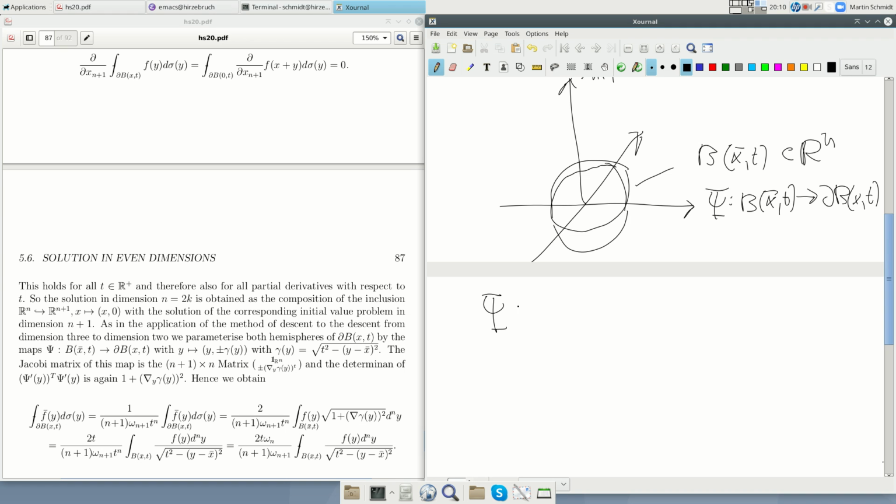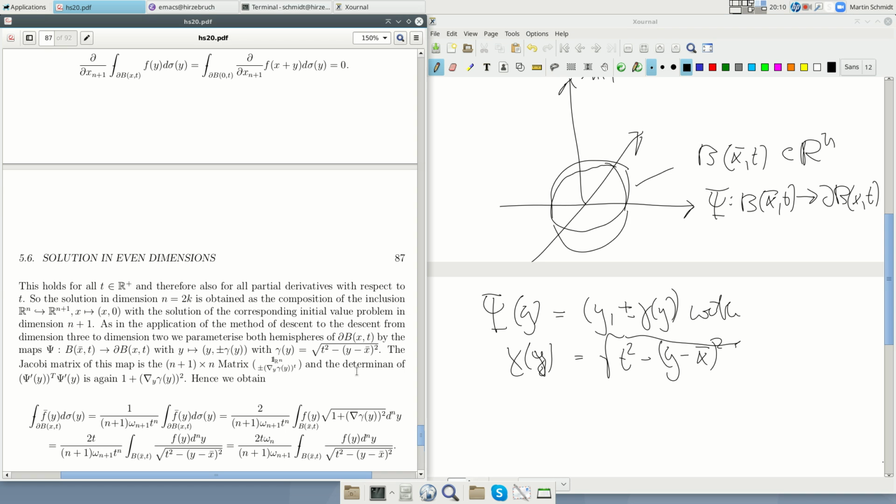Psi of y is equal to y plus or minus gamma of y, with gamma of y equal to the square root of t squared minus |y minus x bar| squared. Then we calculate this again.